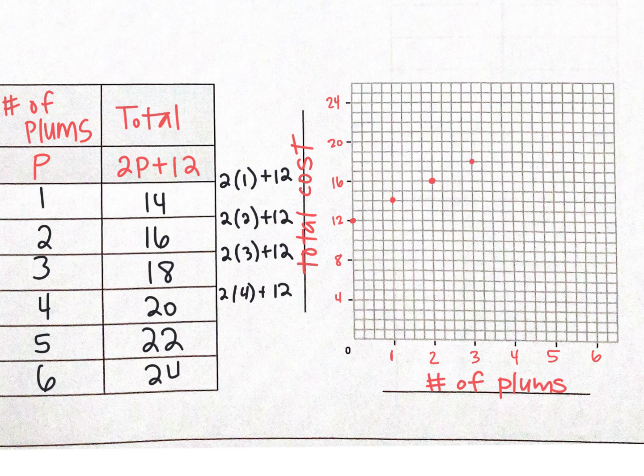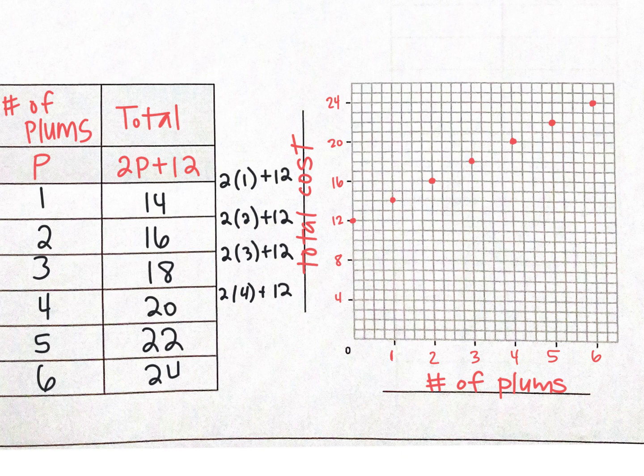Then over 4 up 20, over 5 up 22, and last is over 6 up to 24. I did kind of speed up there because I know that you guys know how to plot points.